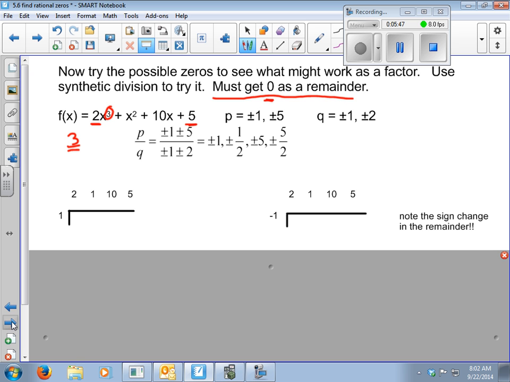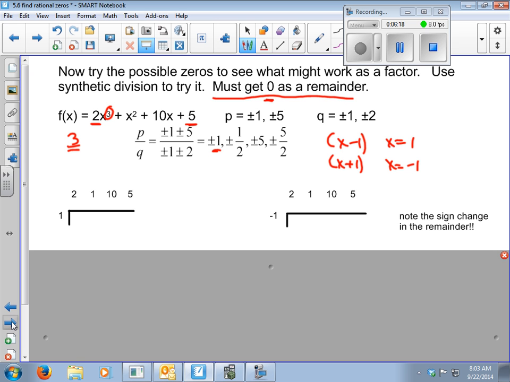So what you want to do is try to pick one of these numbers off of your list. You've got 8 to pick from, and I always like to start with the easiest one that I could find, which for me would be trying +1 and -1. And remember, when we look at these as the factor, x minus 1 gives me x equals 1 as a solution, and x plus 1 gives me x equals -1 as a solution.